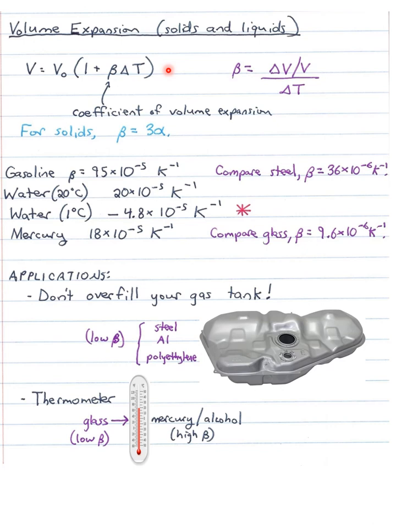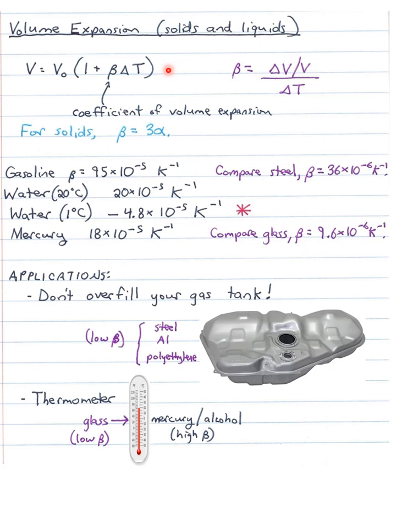What that means is, in this narrow range between 0 and 4 degrees, when you heat up water, if the temperature increases, it will actually decrease in volume. That's very peculiar, very strange, but as I'll get into at the end of this video, all life on Earth depends on water doing that.